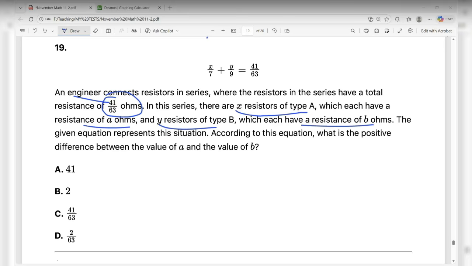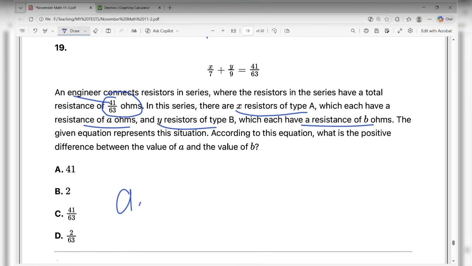You have x resistors, and each of them has a ohms. And to find the total ohms, you have to multiply a by x, a in each one, and x is the number of resistors. And I'm going to add it, like in resistor B, you have y resistors, and each of them has b ohms.